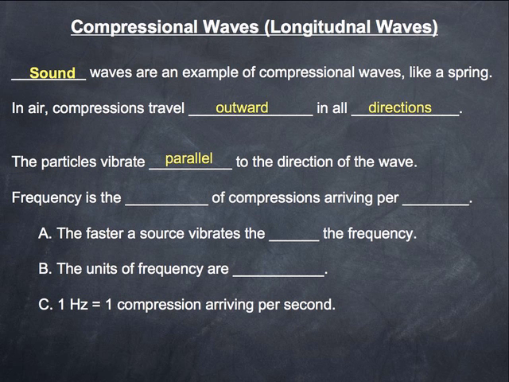When we talk about a compressional wave, we can talk about the frequency of the wave. You could make these compressions travel slowly, just one every once in a while, or if you do it more frequently, they move more quickly.